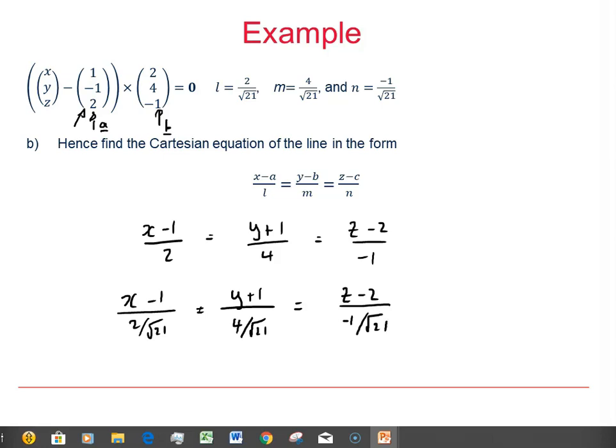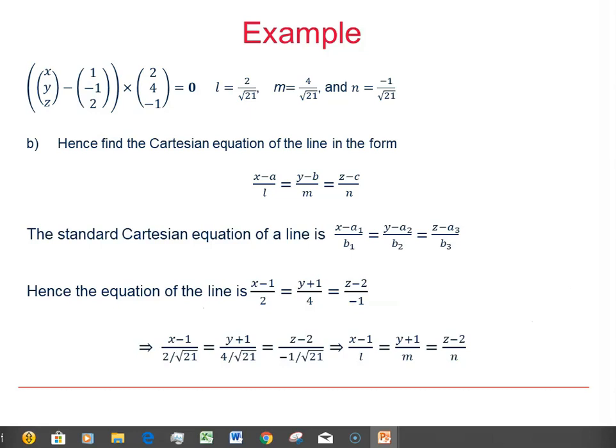So that's in the form x minus 1 over L is equal to y plus 1 over m is equal to z minus 2 over n, where L, m and n are the direction cosines. There we are, written out.